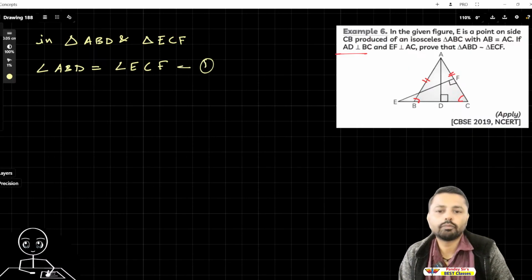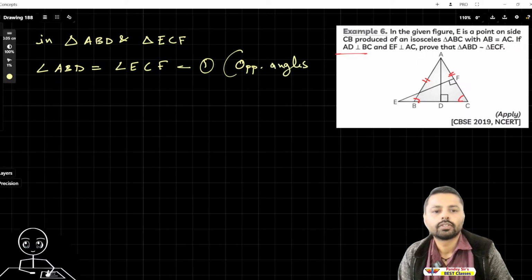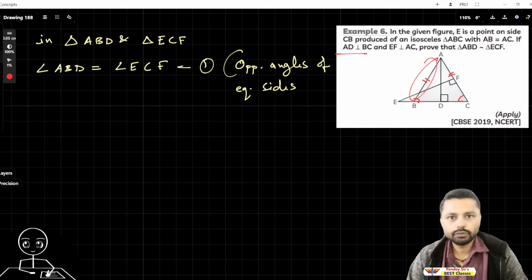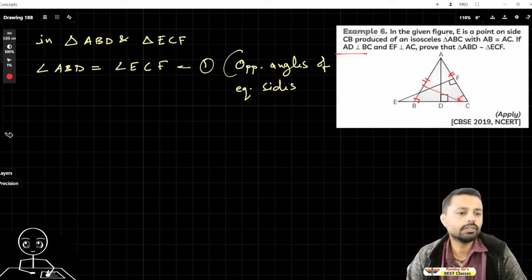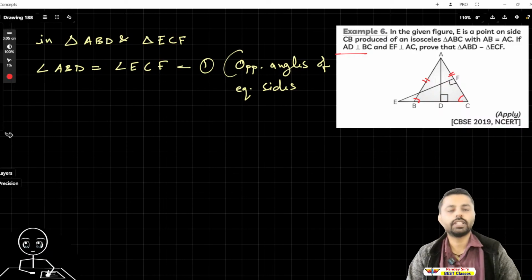Let's say number 1: opposite angles of equal sides. See, one more time. This side is equal, this side is also equal, and its opposite is this and this. So they will be equal.